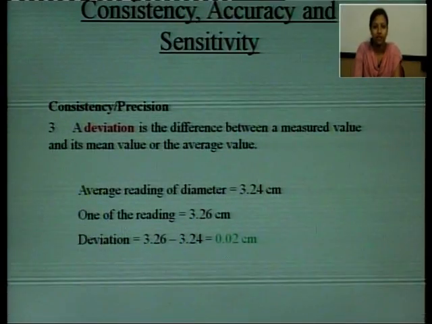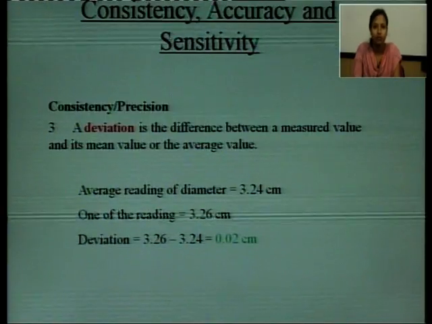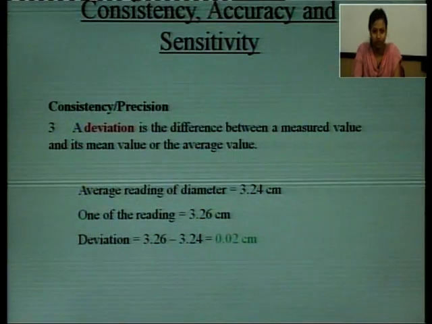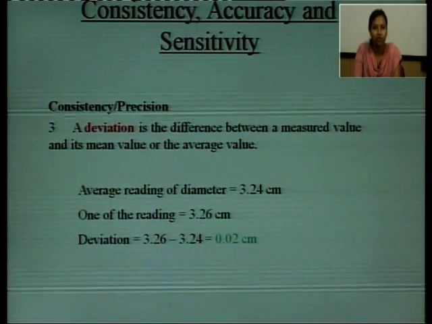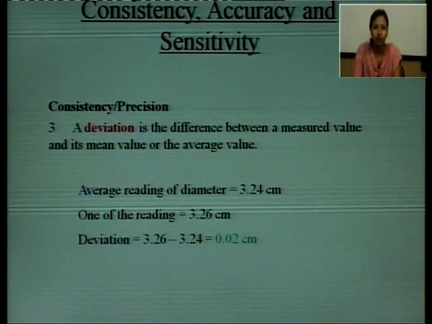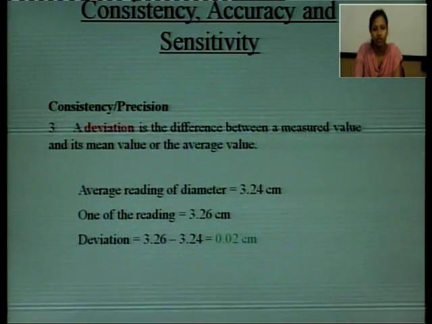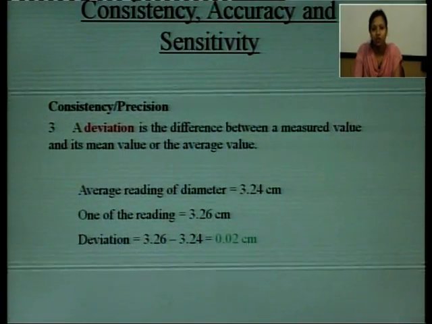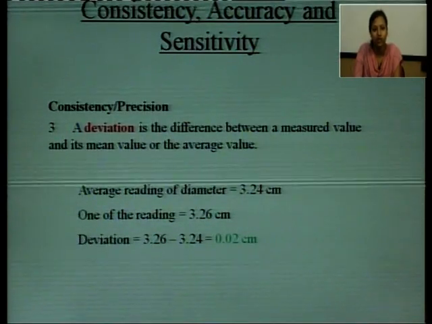Next, a deviation is the difference between the measured value and its mean value, or the average. Suppose the average reading of the diameter is 3.24 and one reading is 3.26, then the deviation is 3.26 minus 3.24, which is equal to 0.02 centimeter.